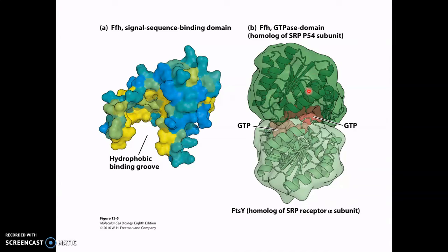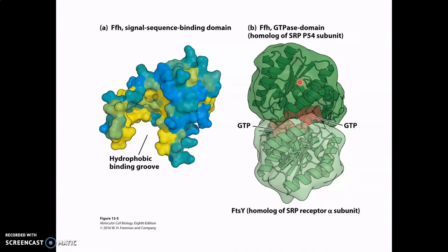Here we have the SRP, which is shown on top, and on the bottom we have the SRP receptor. And you can see how they are bound together. One thing that you might notice right away is that both of these are also binding GTP.